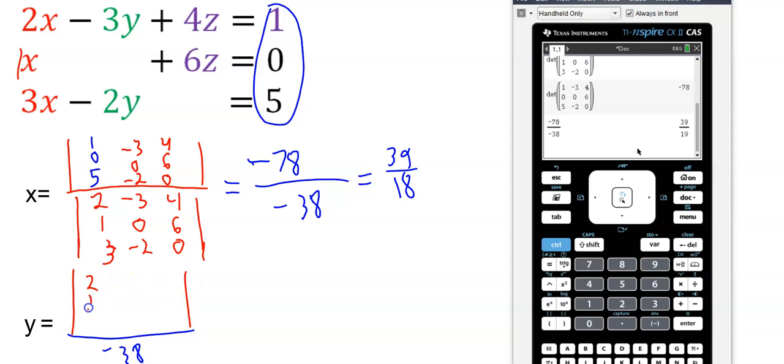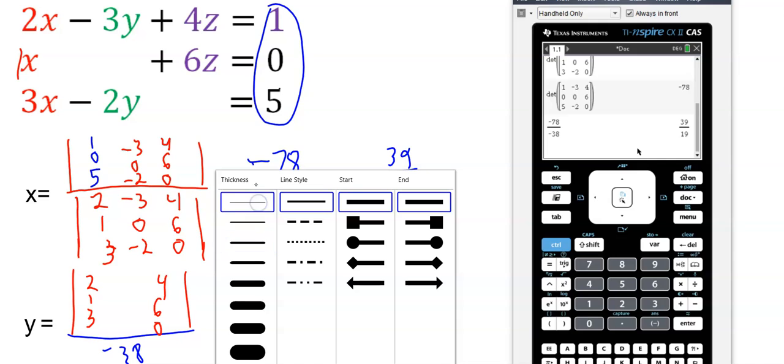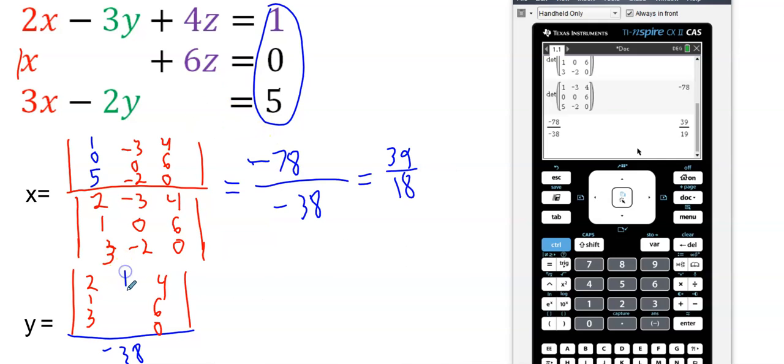So 2, 1, 3 is that first column of the coefficient matrix. 4, 6, 0 is the third column. And the middle column I'm going to replace with the constant values, which are 1, 0, and 5. That's a 0 there. Okay, so let's type this in. So determinant of 3 by 3, 2, 1, 4, 1, 0, 6, and 3, 5, 0.